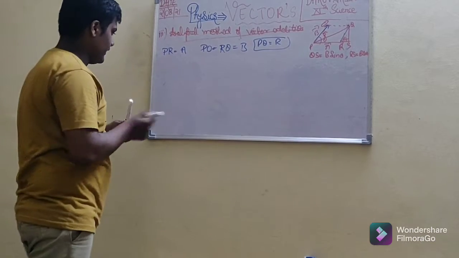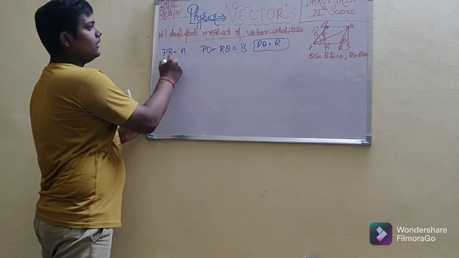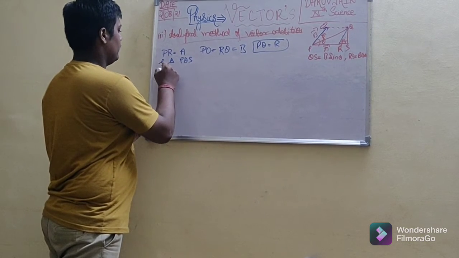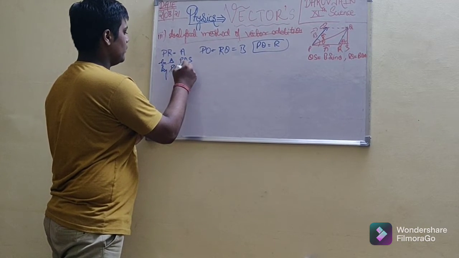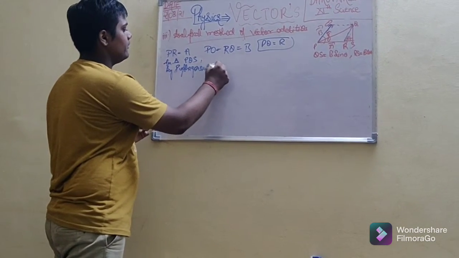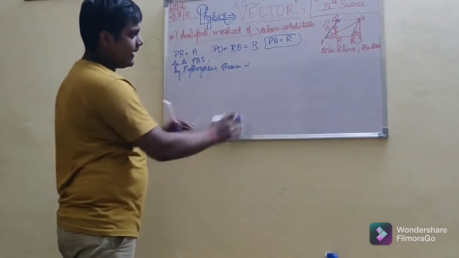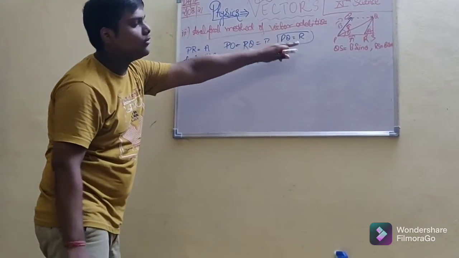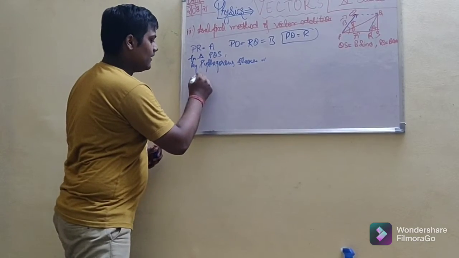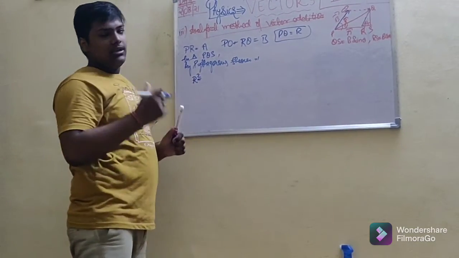Now let us move on. In triangle PQS, by applying the Pythagoras theorem, what will we get? We will get R square, because PQ represents the resultant.